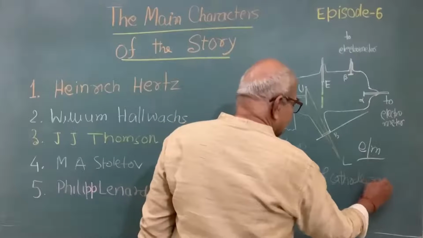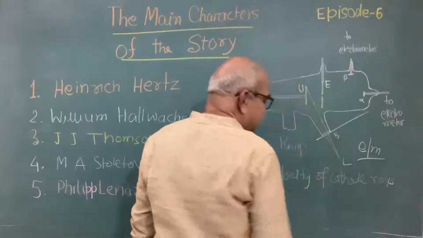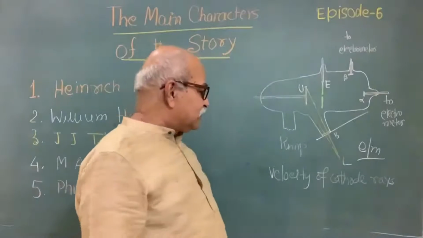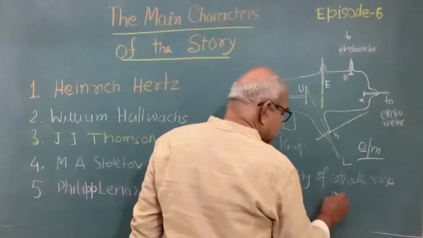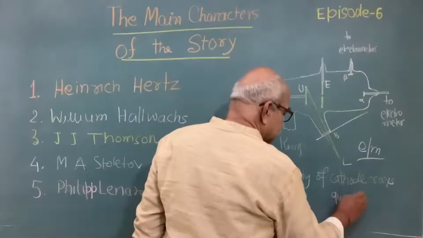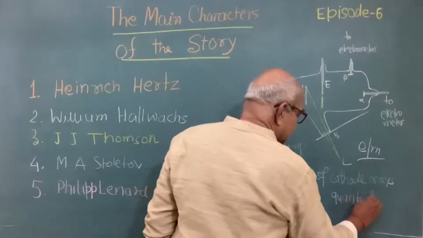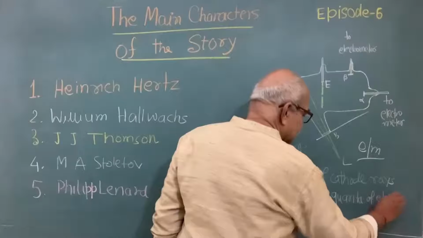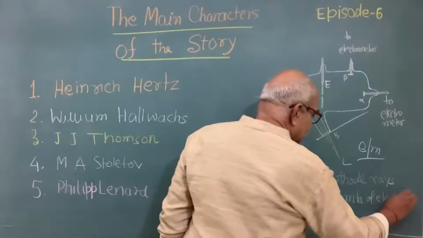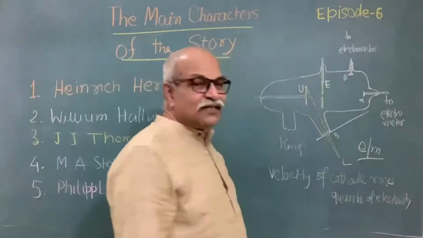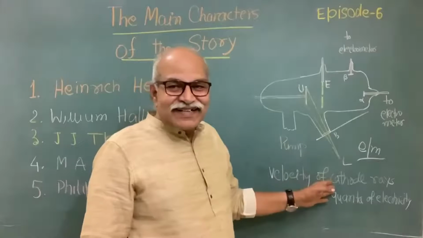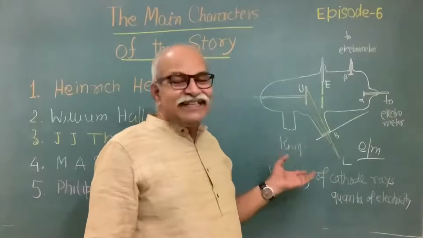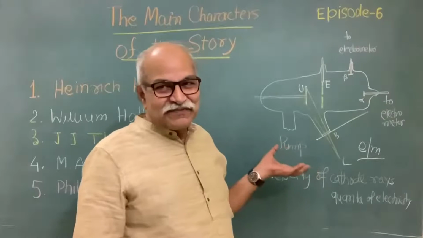I am not writing electrons. In fact, Lenard uses the word quanta of electricity. Thomson uses the word corpuscles, Lenard uses the word quanta, and finally the accepted word is electron.